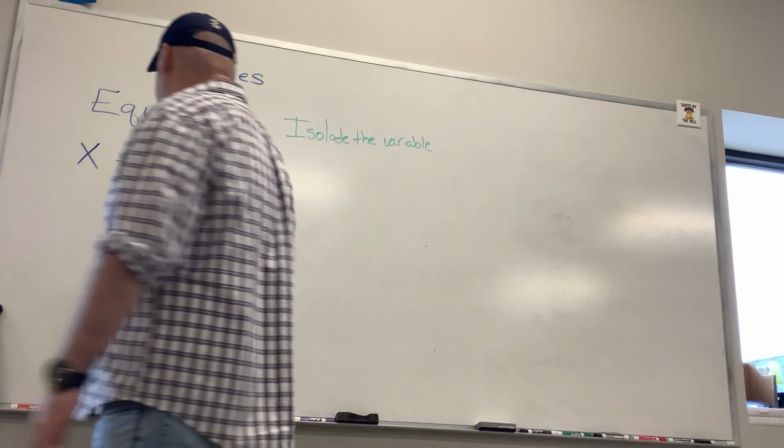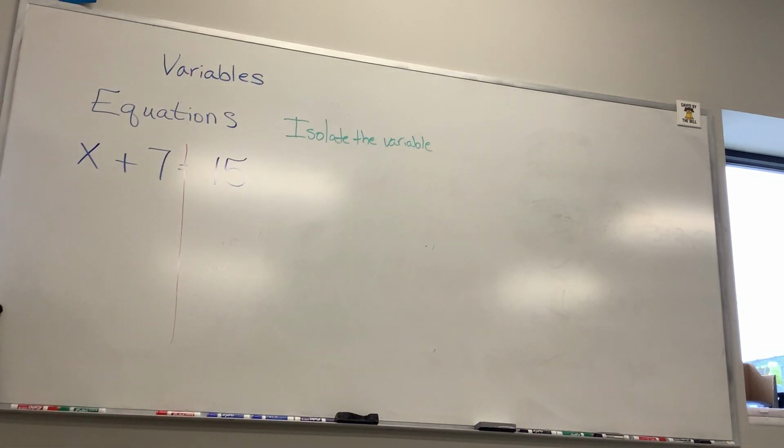And I'll refrain from making too many jokes about our current situation, but basically we want this over here by itself, isolated, okay? So that means in this problem, we've got this constant here that needs to be somewhere else, okay? It needs to be on the other side of the fence, okay? It needs to go over there because we want to isolate this variable.